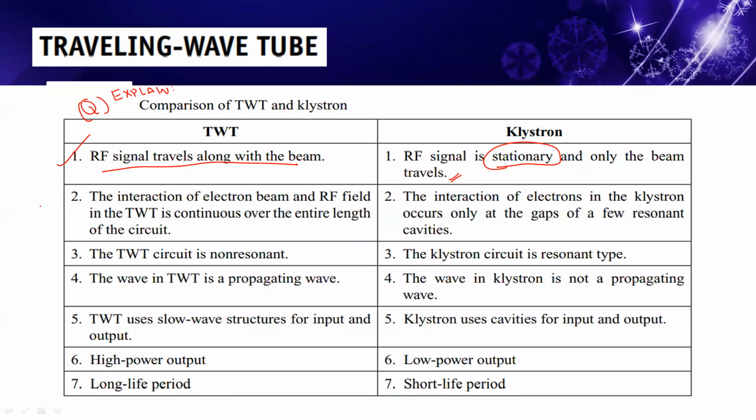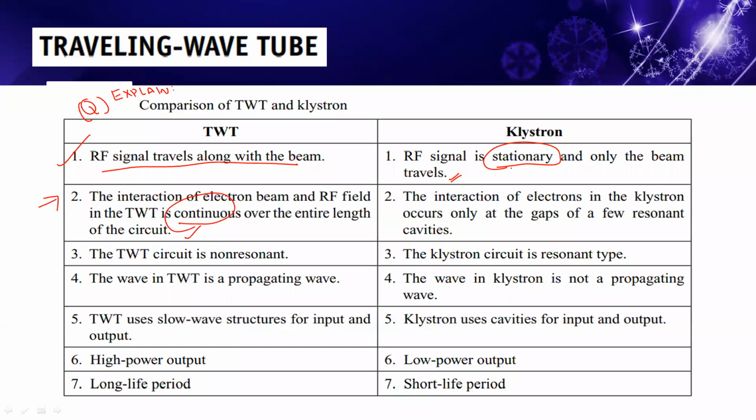So come to the next point. The interaction of the electron beam and RF field in the traveling wave tube is continuous over the entire length of the circuit. In the traveling wave tube, the electron beam and the associated fields are in a continuous phenomenon.